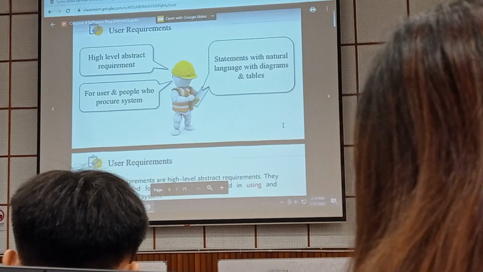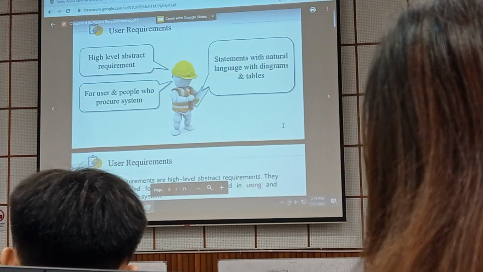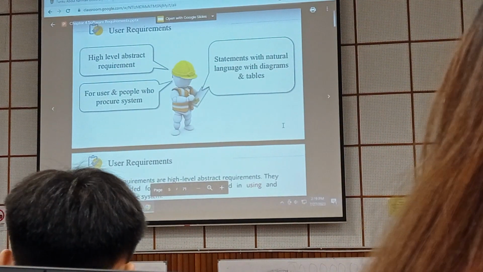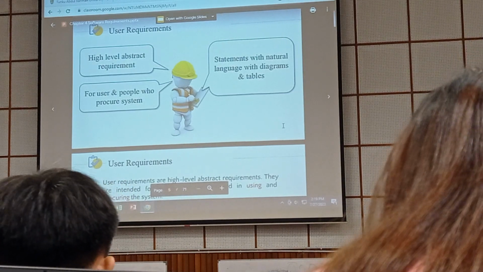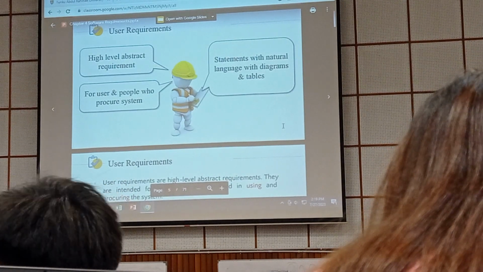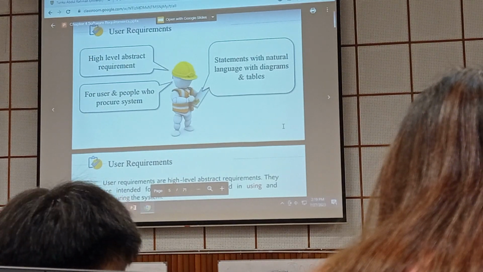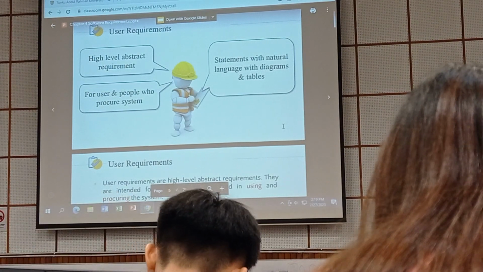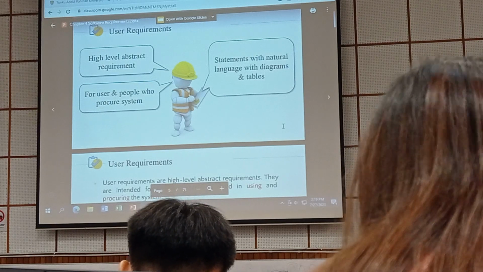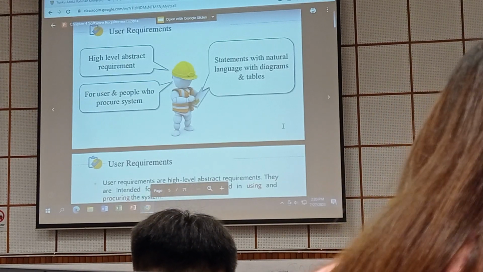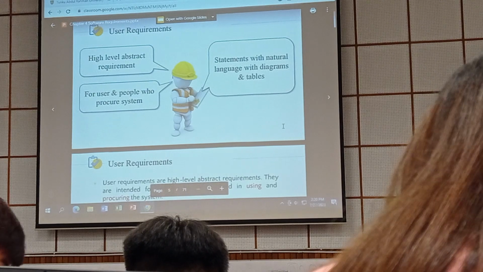Once you gather the requirements, you know this is what they want, so this is what I should implement in the system. That is a user requirement. How are you getting the user requirements? By using all these techniques. Understand? So that will also be included here.